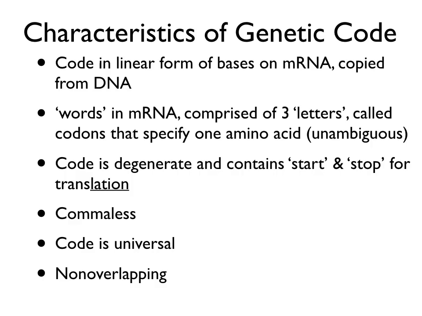Now you'll remember that the genetic code is this linear form of bases, okay? And the code is copied or transcribed into RNA, and these genes in particular are copied into a single-stranded RNA molecule that we will call mRNA, the M standing for messenger.